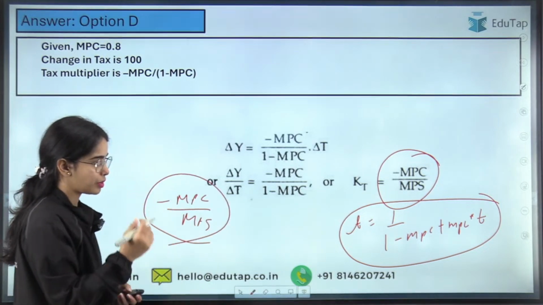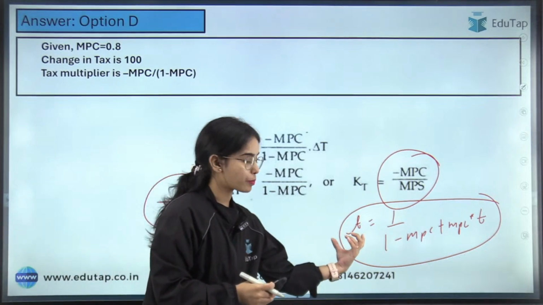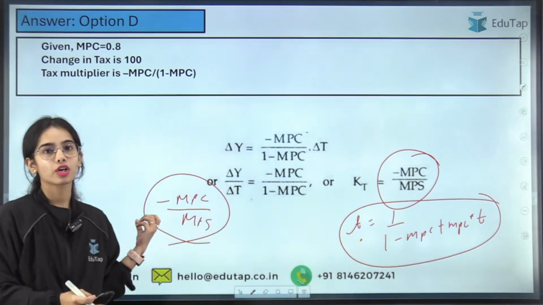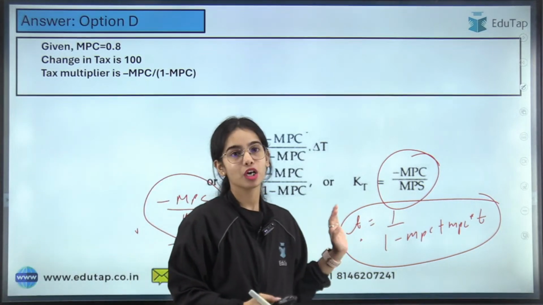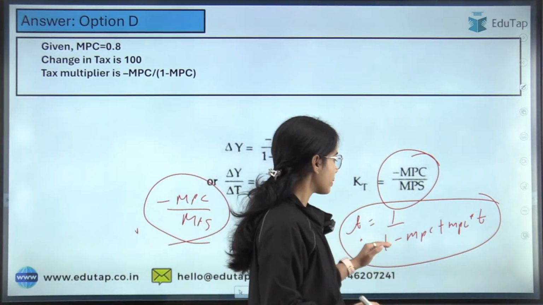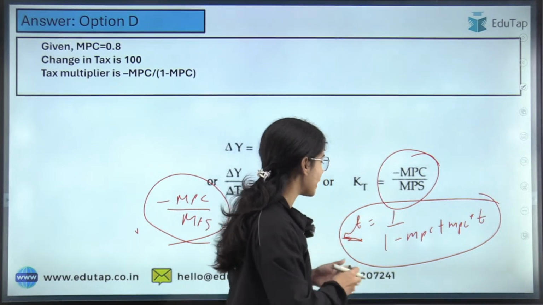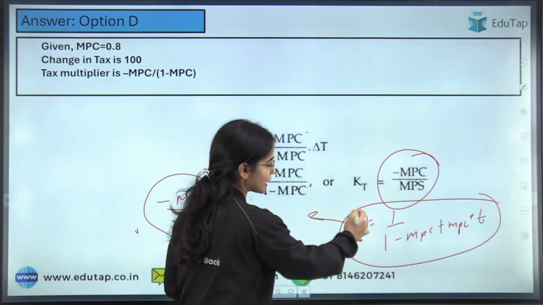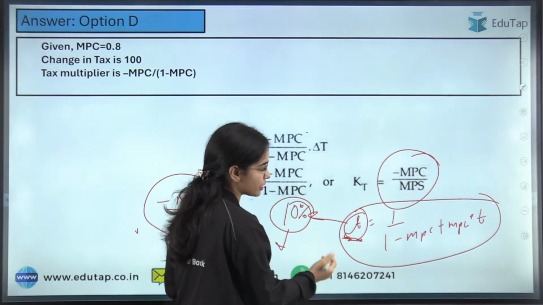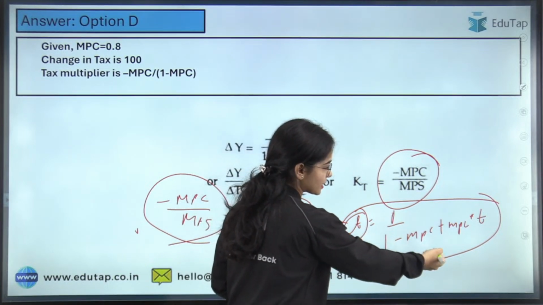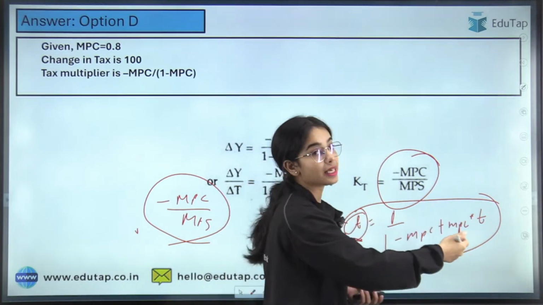So keep in mind whether the proportional tax multiplier or the lump sum tax multiplier is being asked, because they have different formulas. Got it? So for the proportional tax multiplier, let's say the proportional tax is 10%. Then it will be 1 upon 1 minus MPC plus MPC multiplied by tax rate.